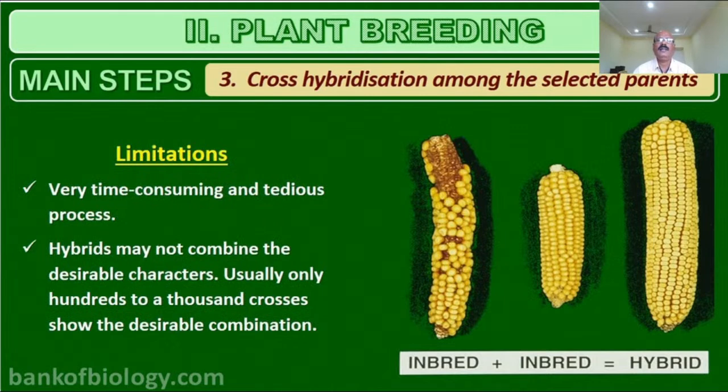Cross hybridization among the selected parents has some limitations. It is a very time consuming and tedious process. That means it is a lengthy process and it requires scientific knowledge. Hybrids may not combine the desirable characters. Usually only hundreds to a thousand crosses show the desirable combination.